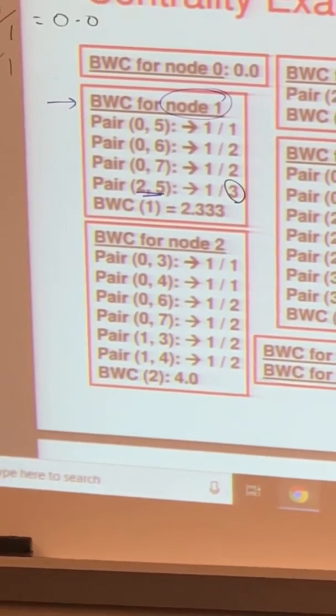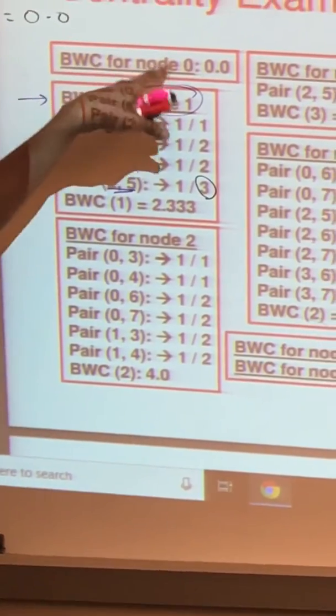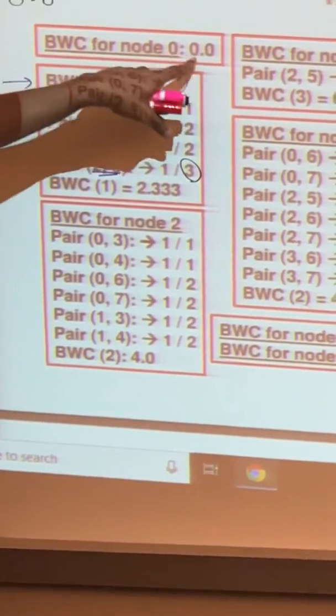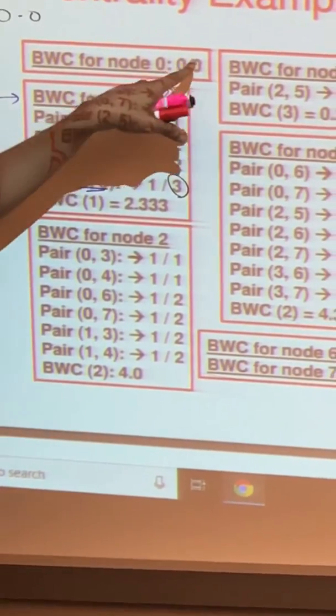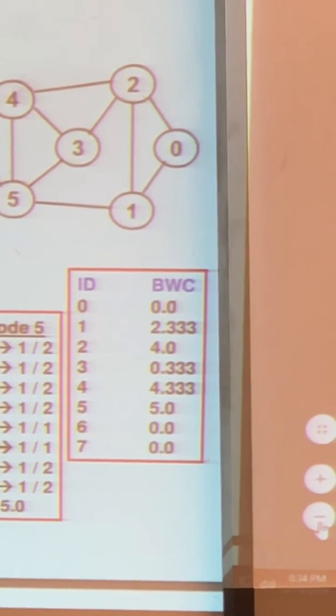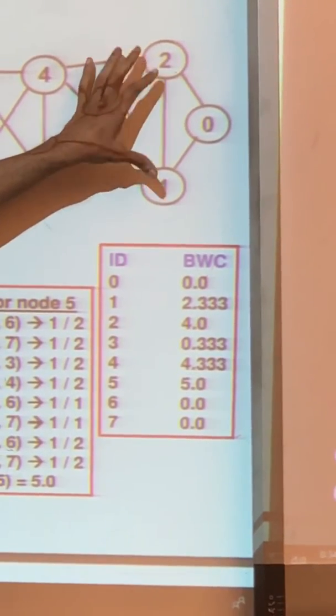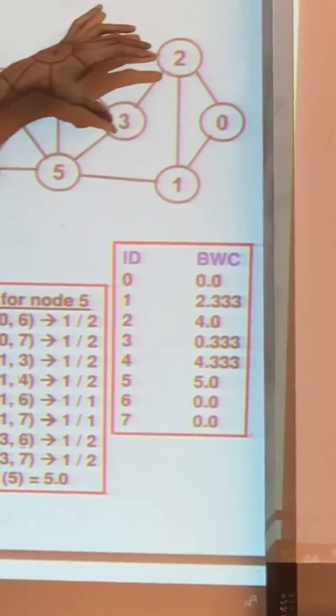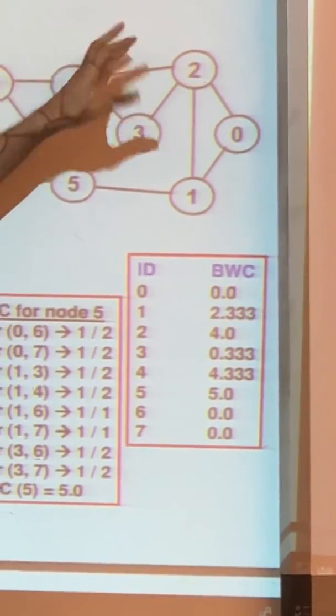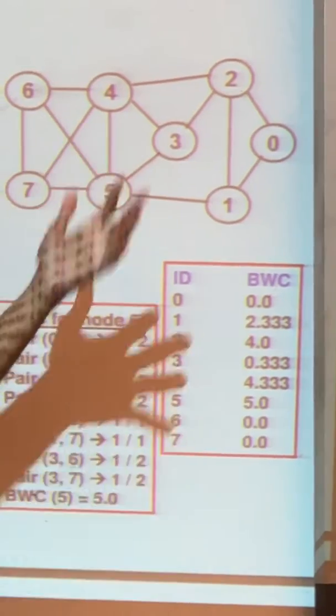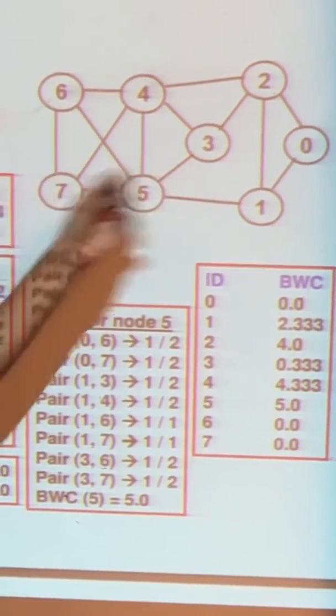Is that clear? So in the case of vertex 0, I say its betweenness centrality is 0 because none of the pairs go through vertex 0. 1 and 2, if they want to communicate, they can directly communicate. 1, 2 and 3, if they want to communicate, they can directly communicate. So if you look at all pairs like that, none of their shortest paths go through it.